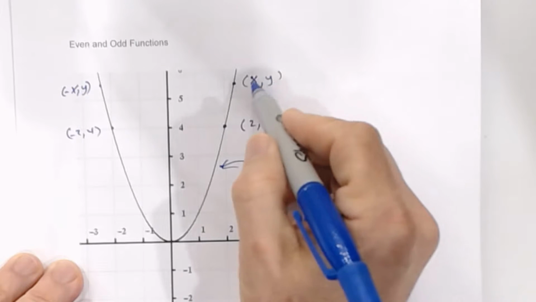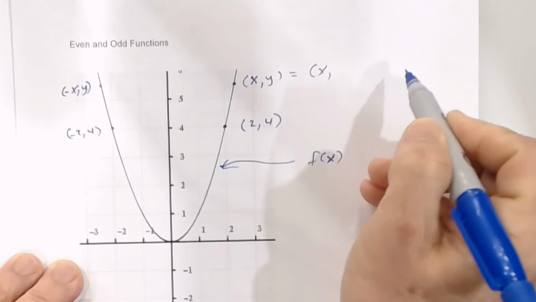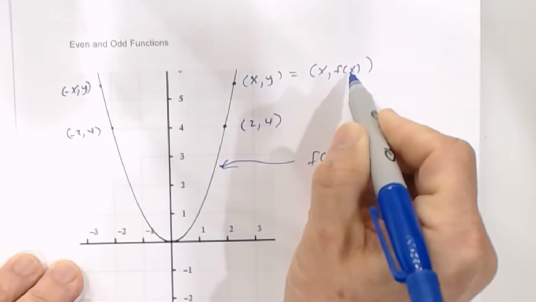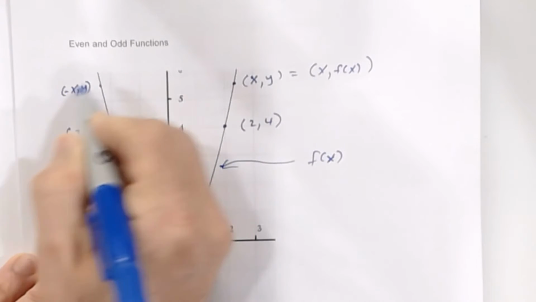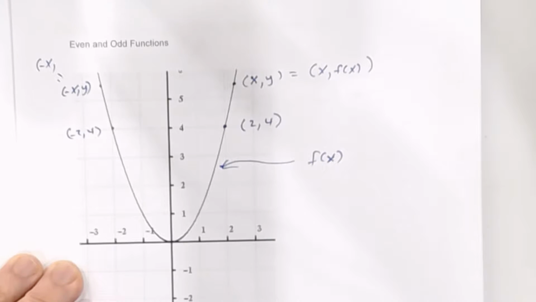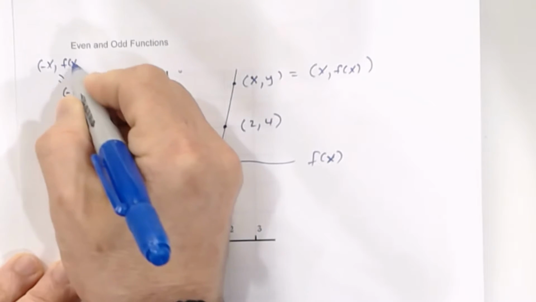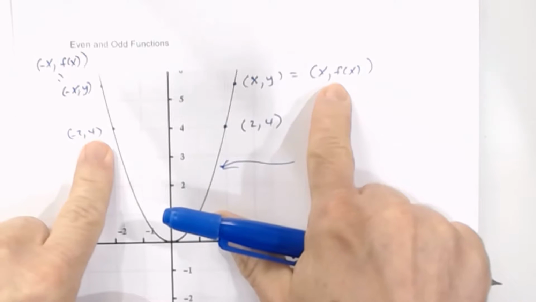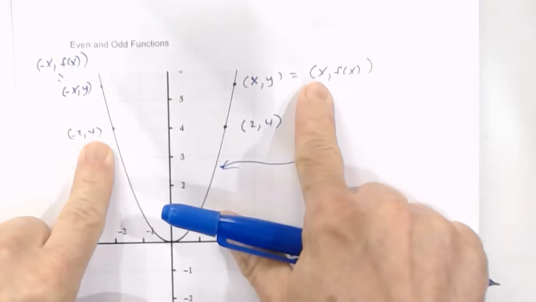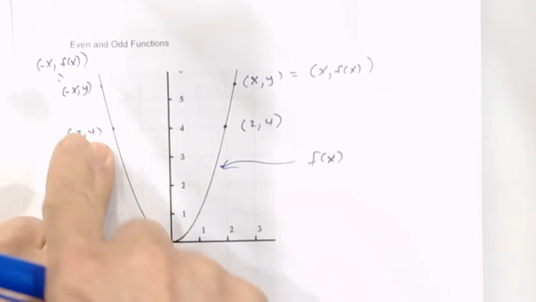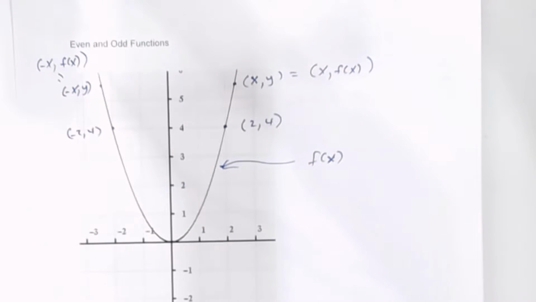Y. Then I can also replace this as x comma f of x, because y means the same thing as f of x. And I can replace this as negative x, and what's y? F of x. So that idea, on an even function f, if x, f of x is on the graph, then negative x, f of x needs to be on that graph as well, will come into play in a little while.